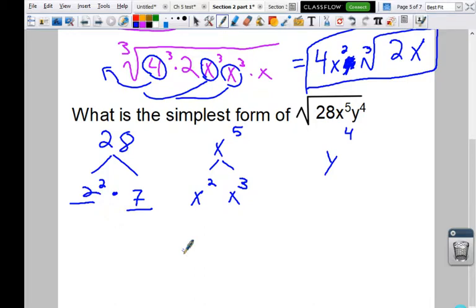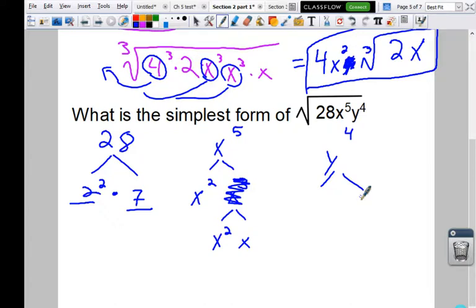Alright, but Kayla, can I take out another x squared from x to the 3rd? Yep. So I'm going to split apart x to the 3rd to be another x squared with x to the, well, 1, left over. I'm not going to write it, just x. So I'm actually going to cross out that x to the 3rd so I don't confuse myself. Alright, we're going to keep going.